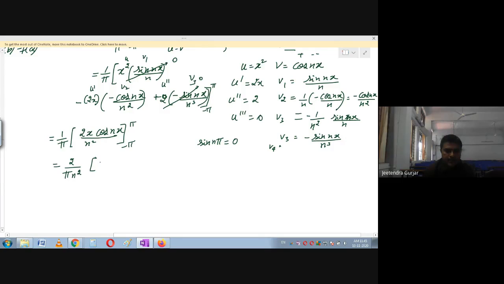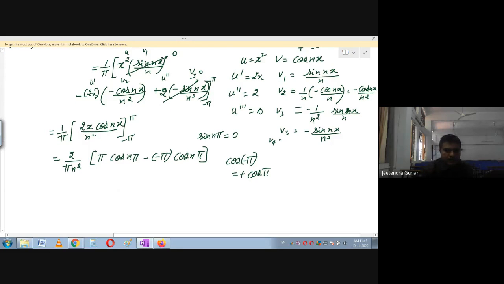So x will become here pi, and this is cos n pi minus, here we have again x minus pi, cos n minus pi. So I think you have come across that cos minus pi will be equal to plus cos pi, because this is an even function. Please remember this. This is by definition of even function.